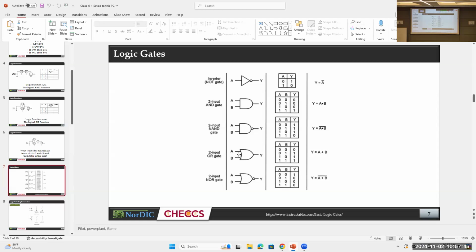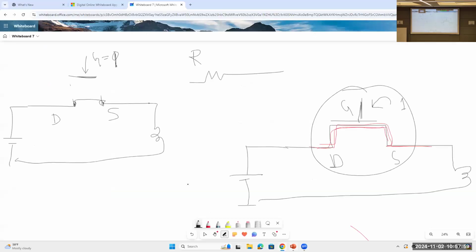And this is OR. We have learned about AND and we have learned about OR. Now you can see there is another operation after AND, which is NAND. So what is a NAND operation?